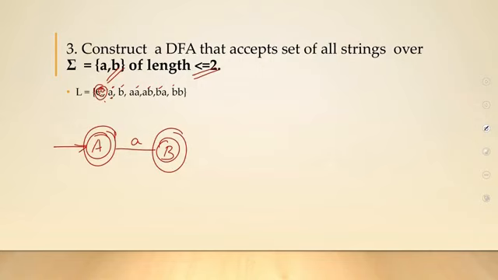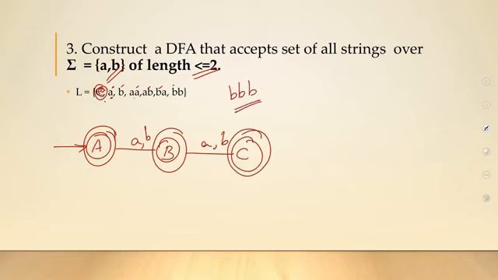Now I need to satisfy B. So I can write either A or B, I reach my final state B. Next I need to go for a double length string, which we already saw. You go to a state called C. And now let's think about rejection. Imagine you have a triple length string like BBB.